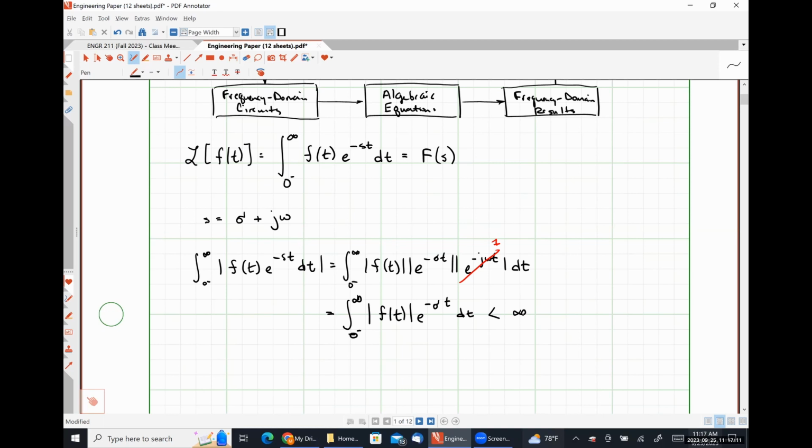So it needs to converge to some definite value. And this is true for real values. So for real sigma, is the way to put it.